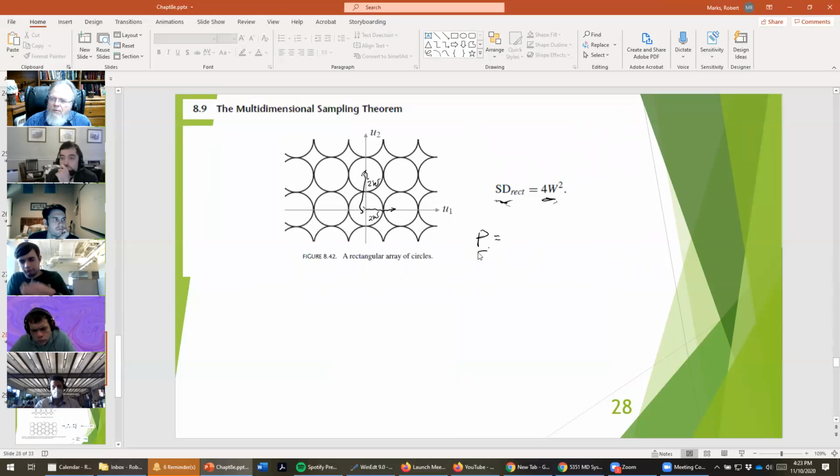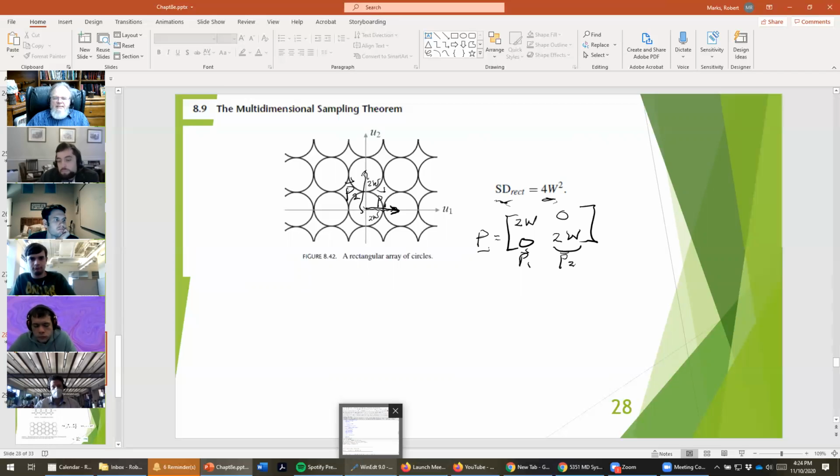P is equal to 2w, 0. That's this periodicity, correct? And then 0, 2w. So this is the P1, and this is the P2. Is that okay? So the sampling density is this way.